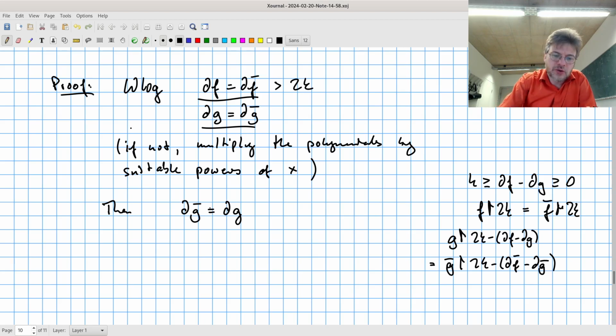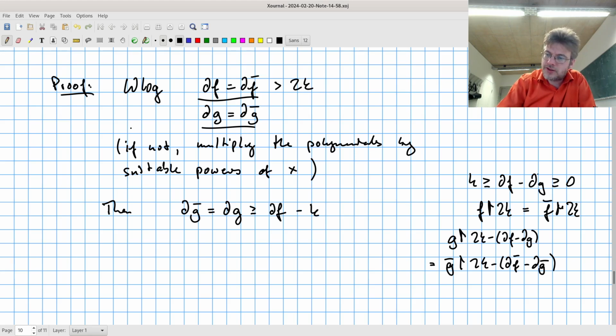Okay, so these degrees are equal, and now I use this inequality here to say that the degree of g is at least the degree of f minus k.